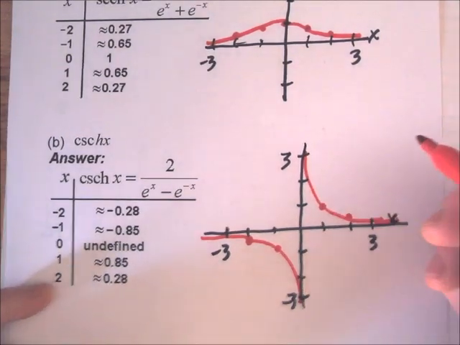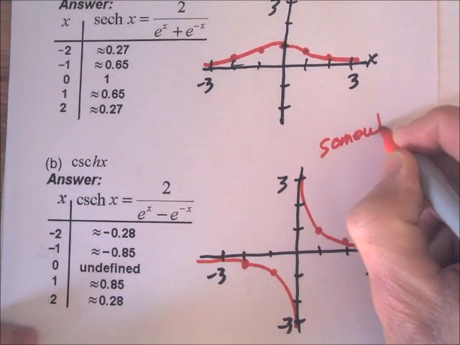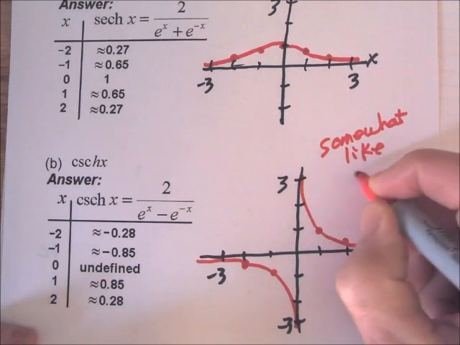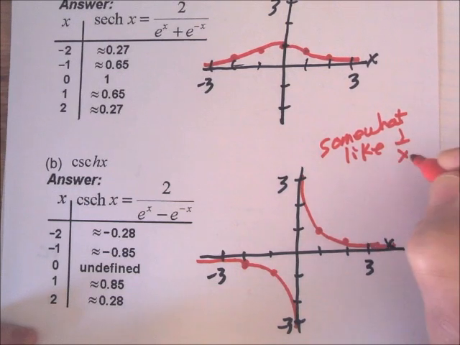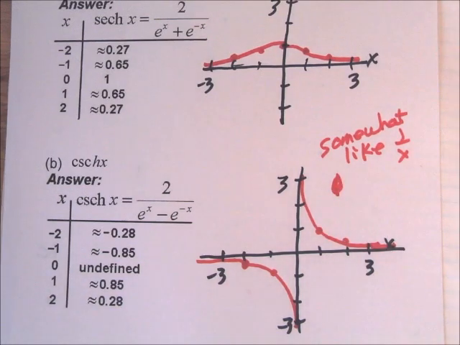So it looks a little bit like 1 over x, so somewhat like a hyperbola. It's not exactly a hyperbola, but it's subtly different, but it looks somewhat hyperbola shaped, somewhat like 1 over x. Okay, so that concludes this presentation.